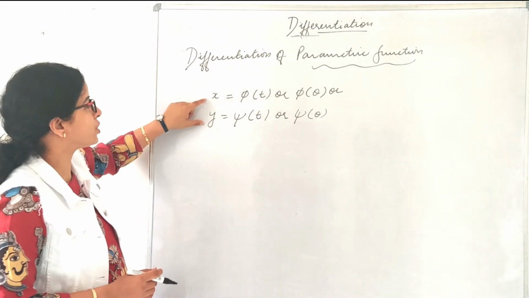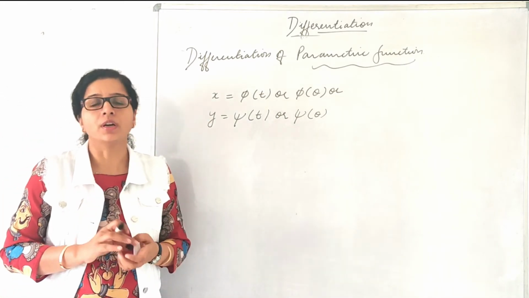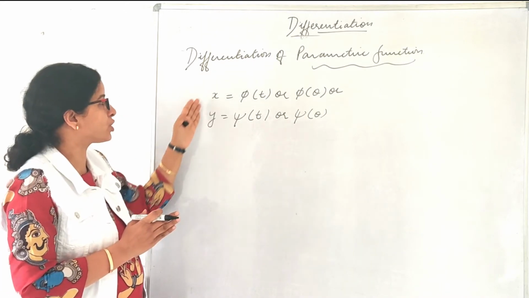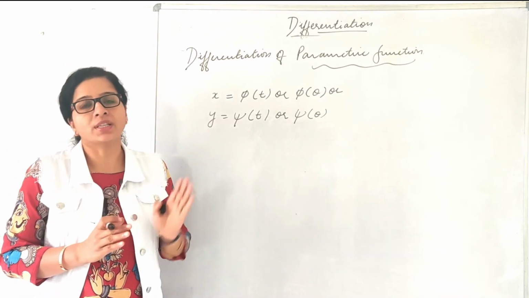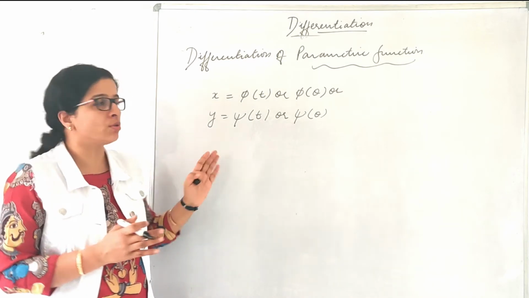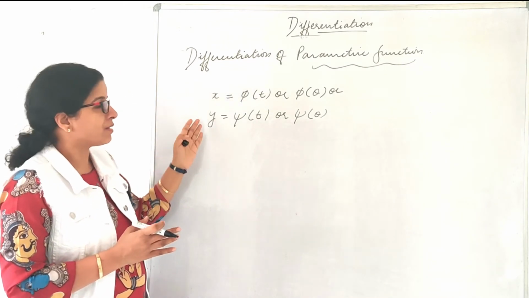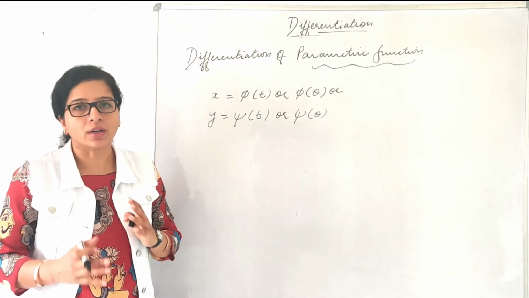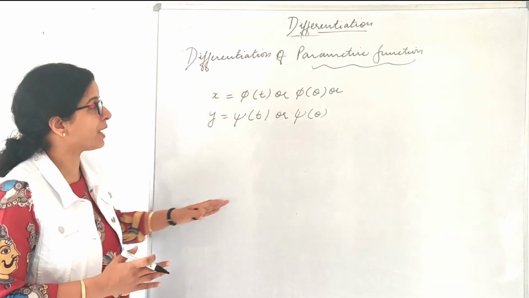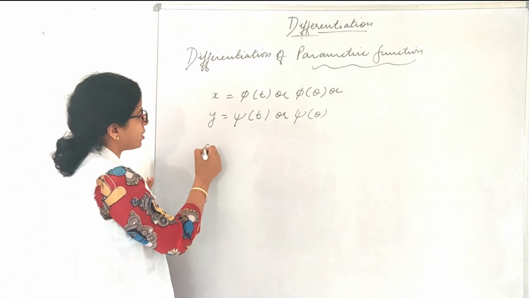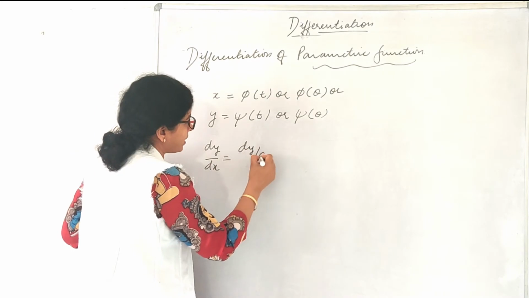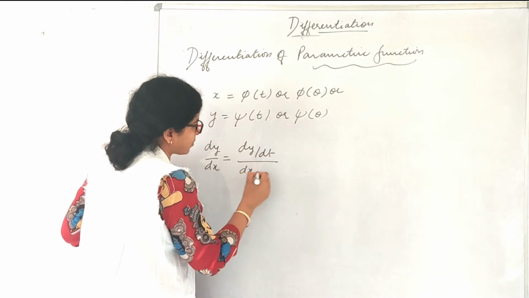Now, how to differentiate? There are two ways. One, you can eliminate t and establish the relation between x and y. But sometimes it is not convenient to establish the relation between x and y by eliminating. In that case, we apply the second method: dy by dx equals dy by dt upon dx by dt.